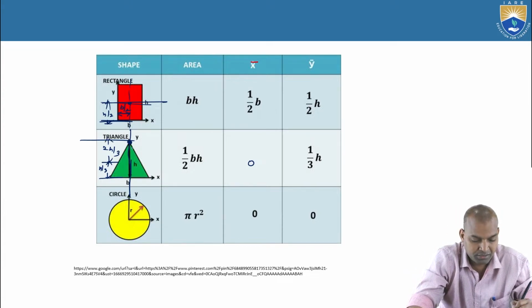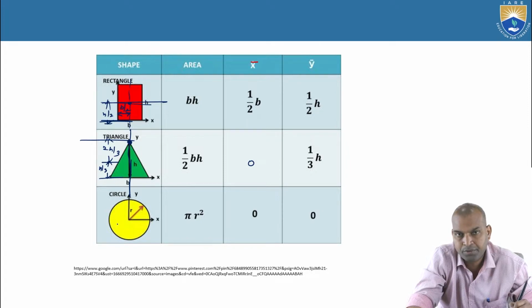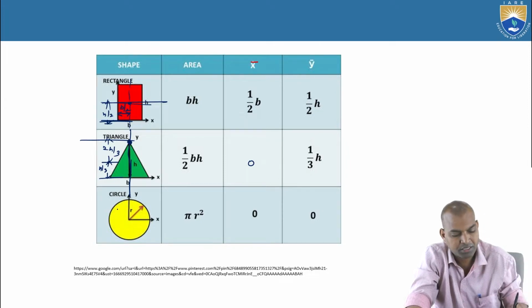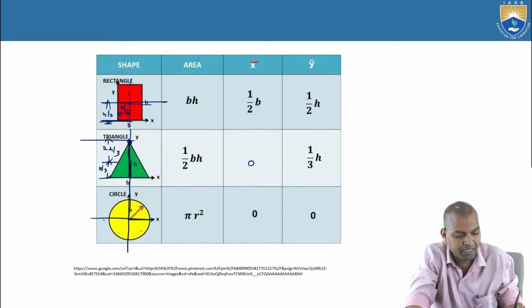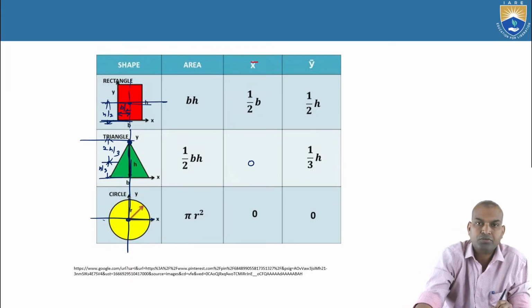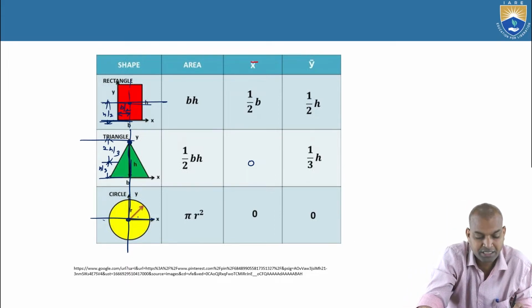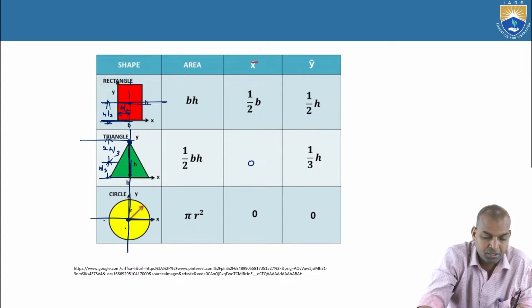If we consider the circle, it is symmetrical about both the x-axis and y-axis, and the centroid is at the center. So x bar equals 0 and y bar equals 0, provided the reference axes are x and y.